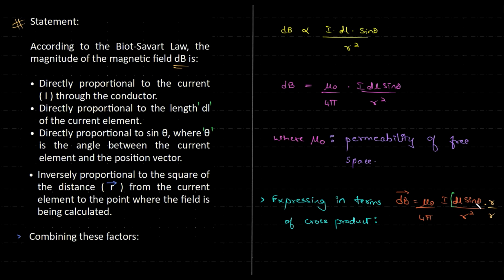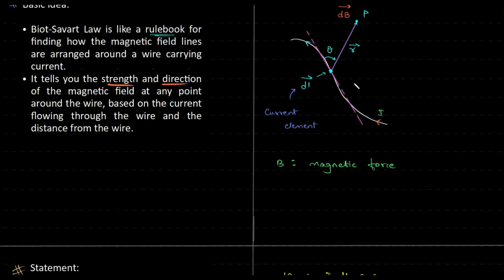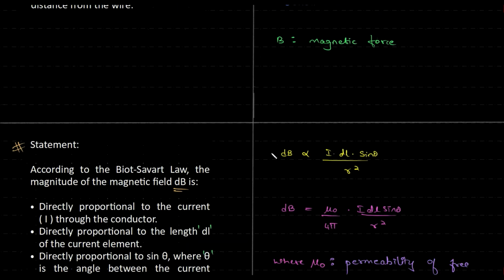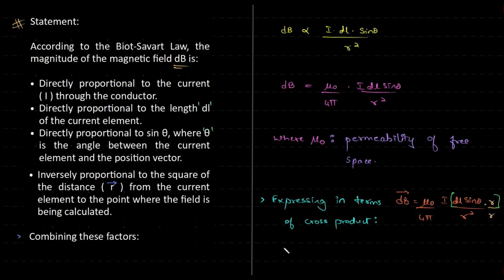When I look into this term, r dl sine theta, what does it look like? It is a dot product, right? No, it is a cross product. Again, if you're not familiar with this by now, at this stage of your education, you have to go back to vectors.